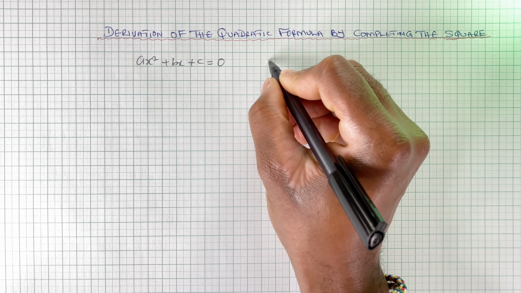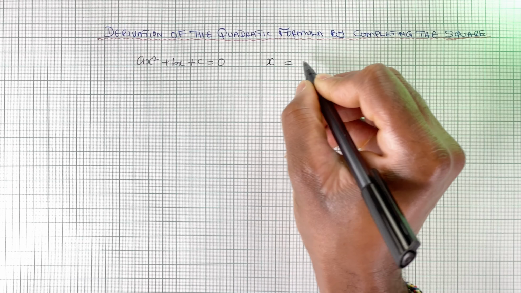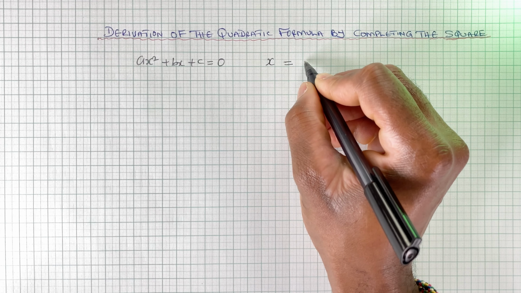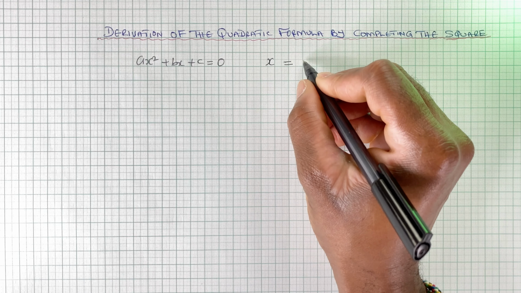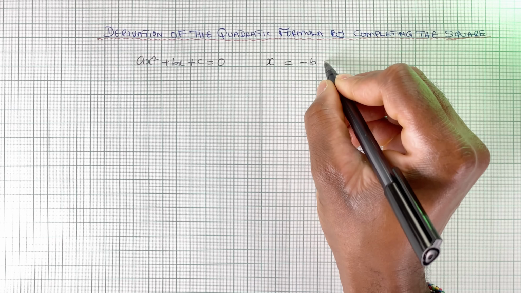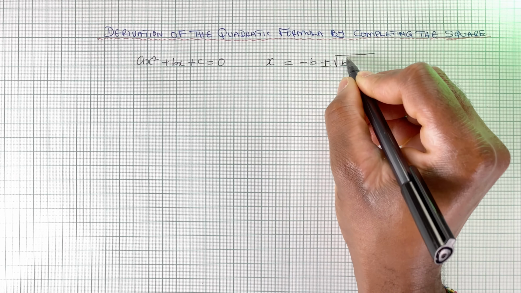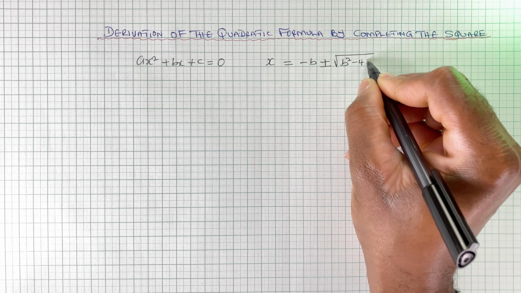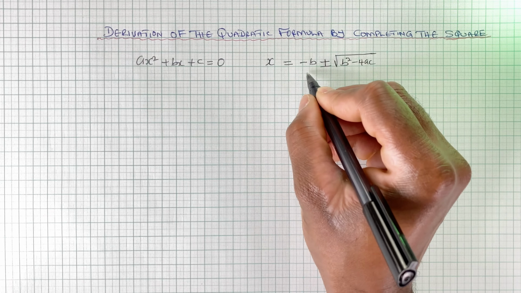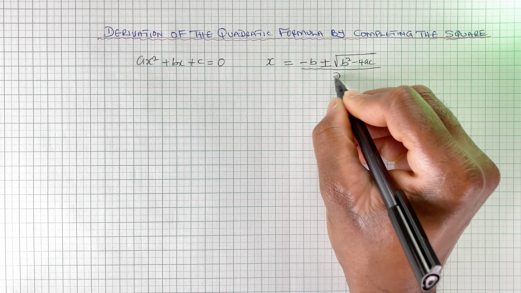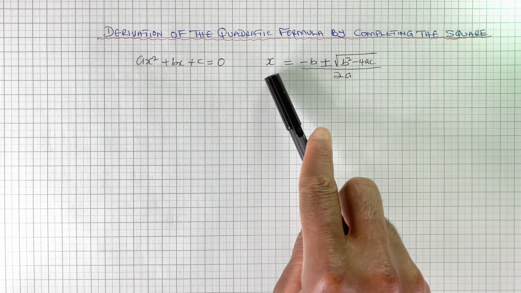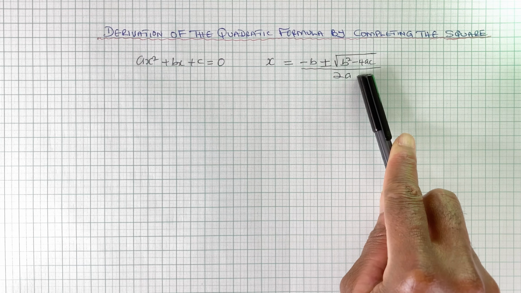If I make x the subject, this is what we will get: x equals minus b plus or minus the square root of b squared minus 4ac, all over 2a. So this is the quadratic formula we're going to derive.